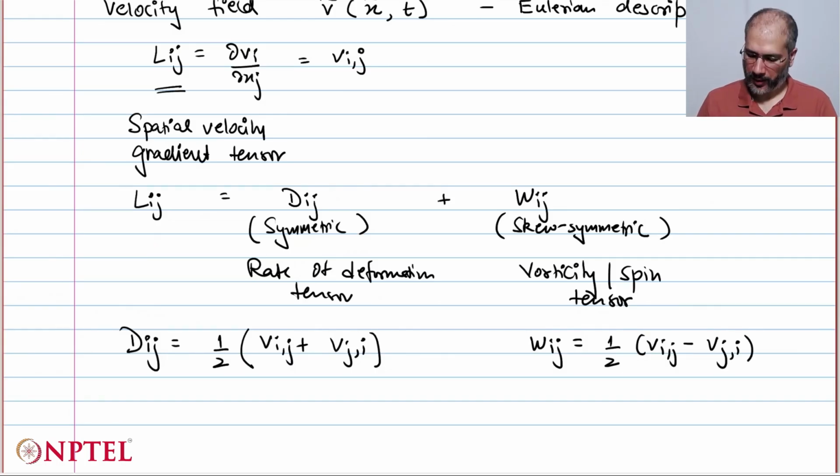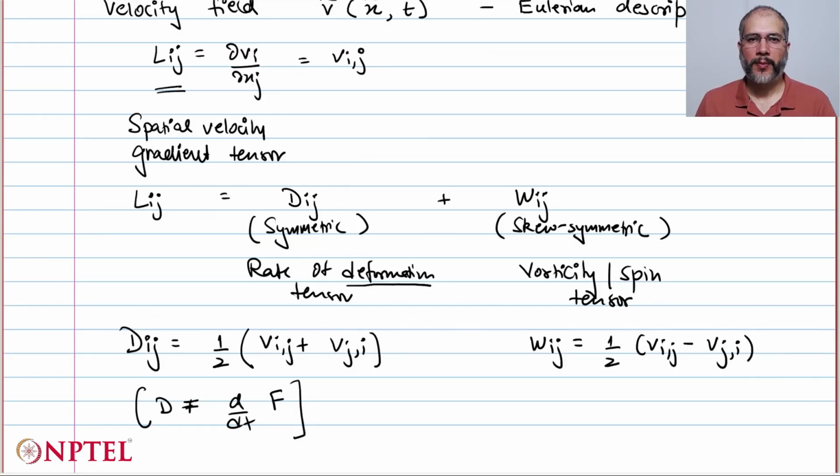Now please note that we write d as a rate of deformation, but d is not equal to d by dt of the deformation gradient tensor. So there is a confusion sometimes because of the naming, so we must be careful with that. Now when we talked about solids, we talked about this additive decomposition, which is valid for infinitesimal deformations.